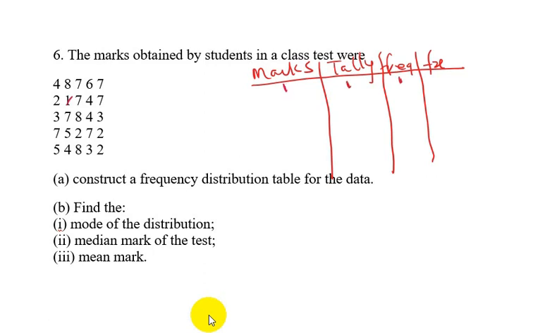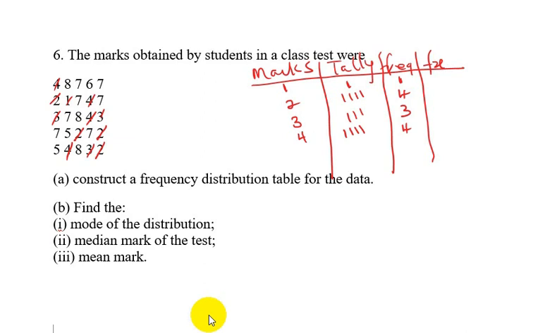Now 2, we have 1 2 3 4, so that is 4. Now 3, we have 1 2 3, being 3. Now 4, we have 1 2 3 4.